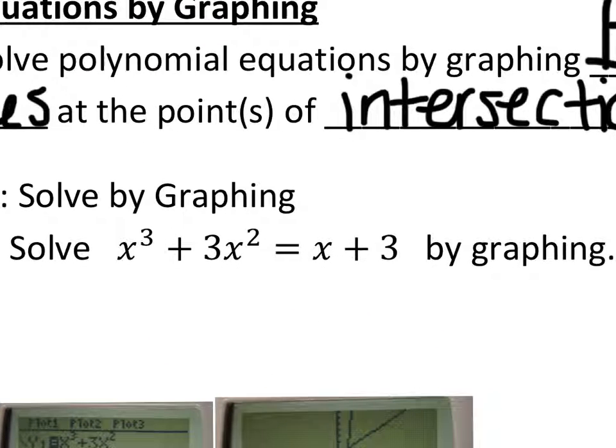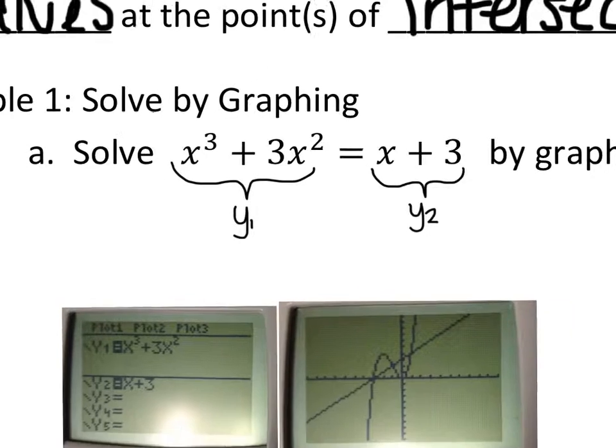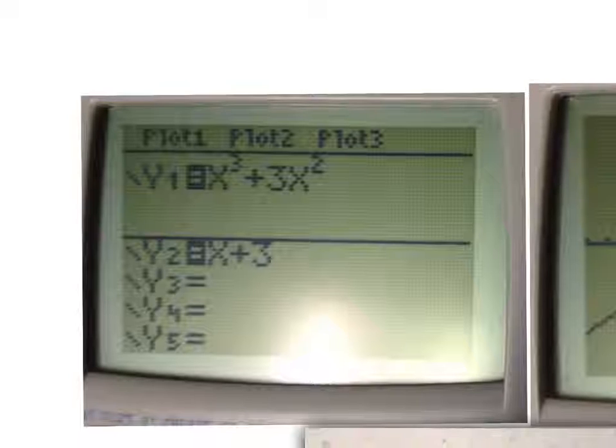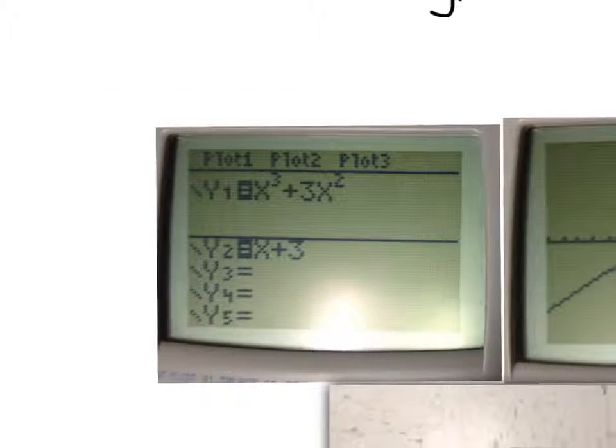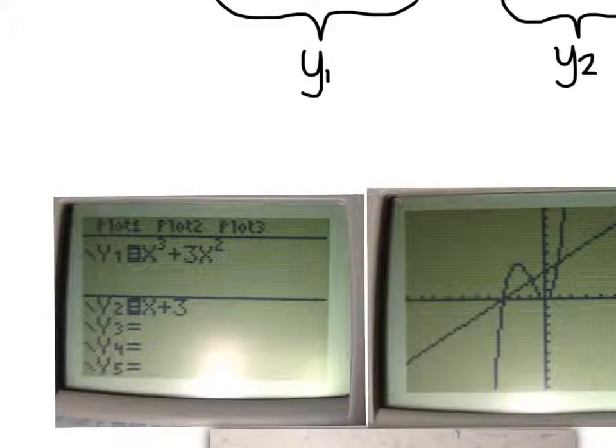So go to your calculator, put this left side in y1 and this right side in y2, and then graph them. So it should look like this in your calculator for y1 and y2. And there's your graph.